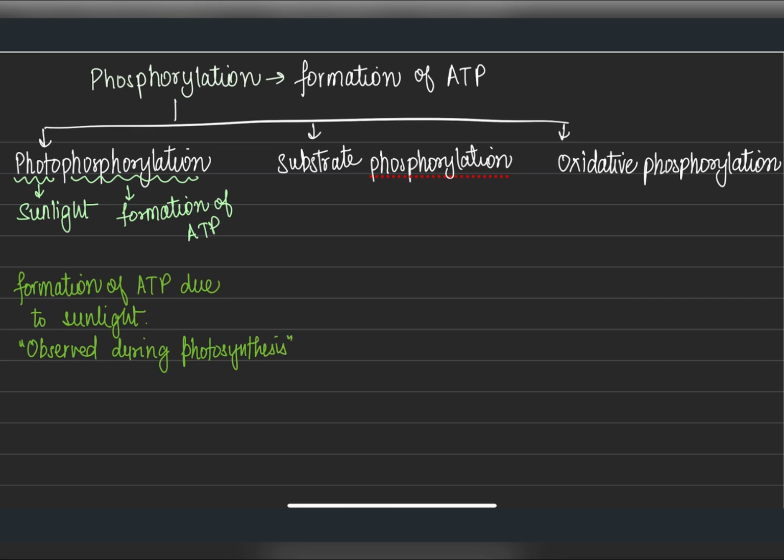You must have studied about chemiosmotic hypothesis, and the site for photophosphorylation is chlorophyll. Right?